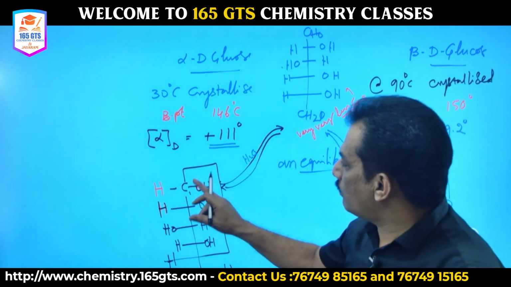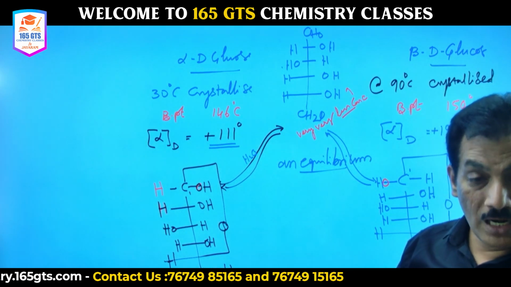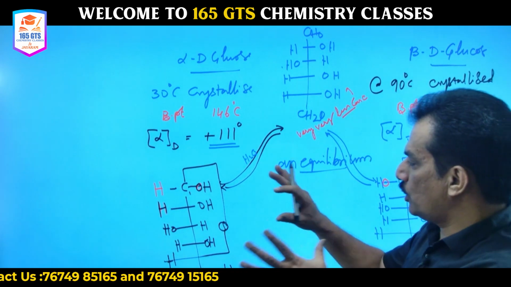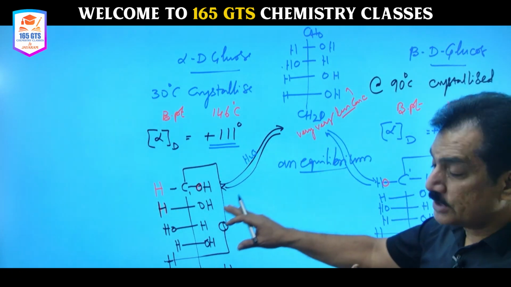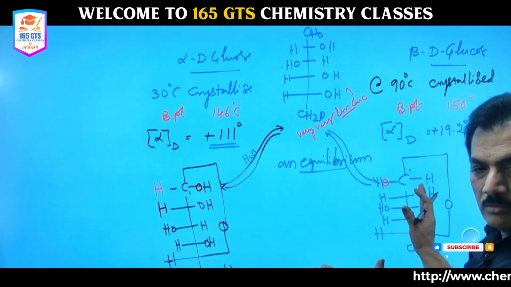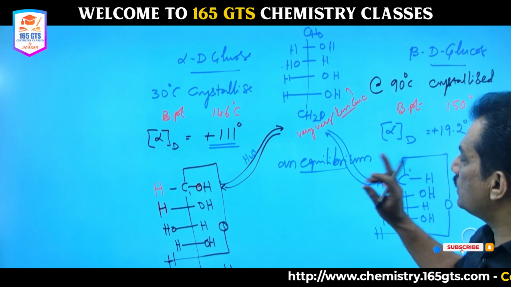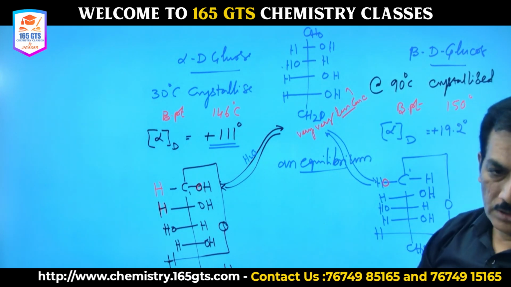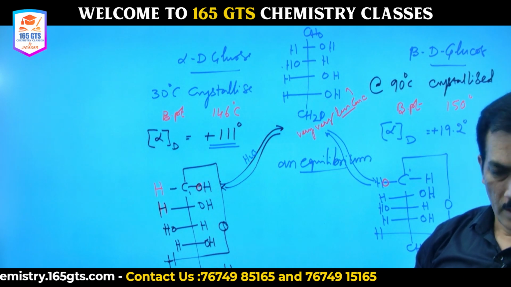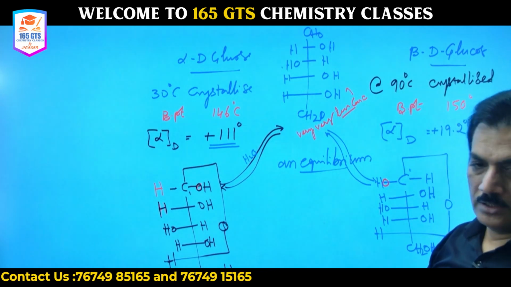Now, when this alpha, which has 111 degrees of specific rotation, dissolves and opens, it may convert back into alpha or it may convert into beta. An equilibrium is established. Here, a very low concentration of open structure is formed. Clear? Now, at equilibrium, what happens?